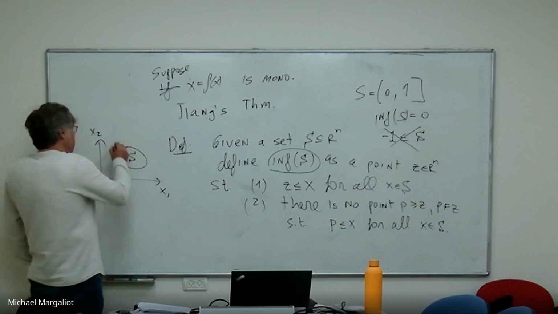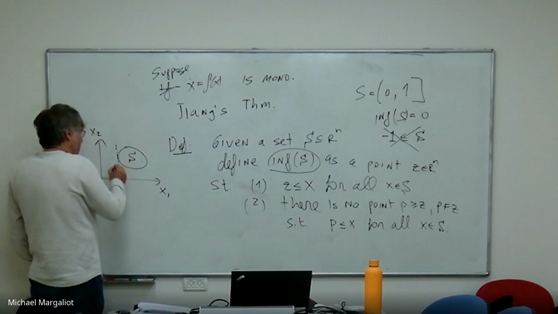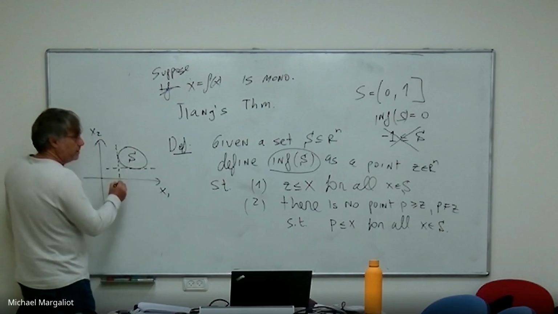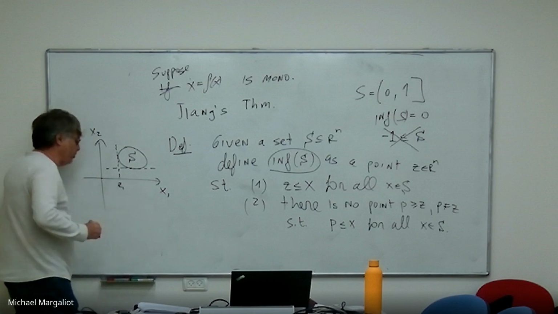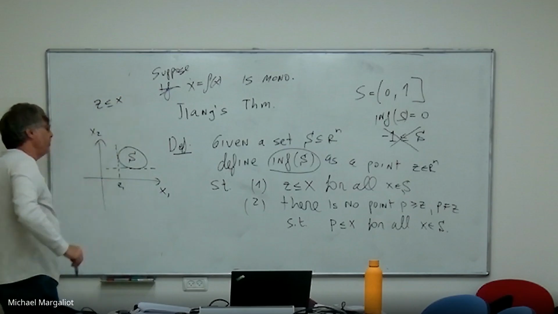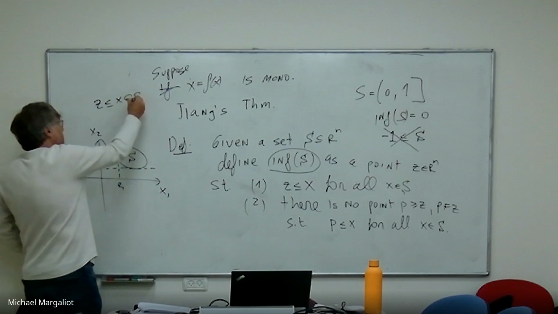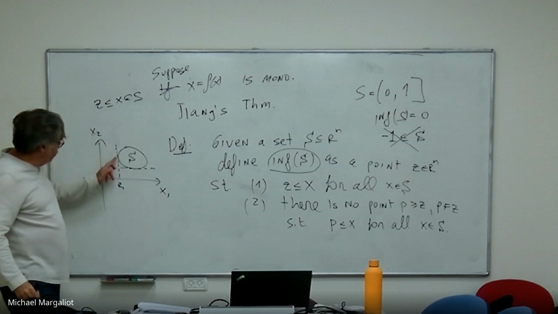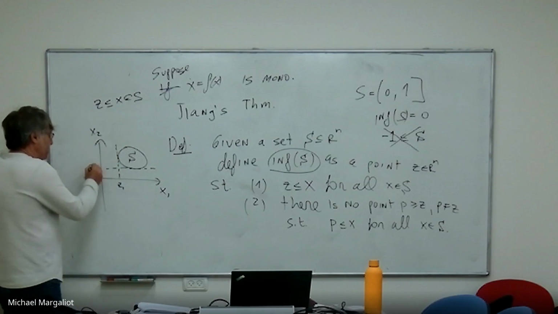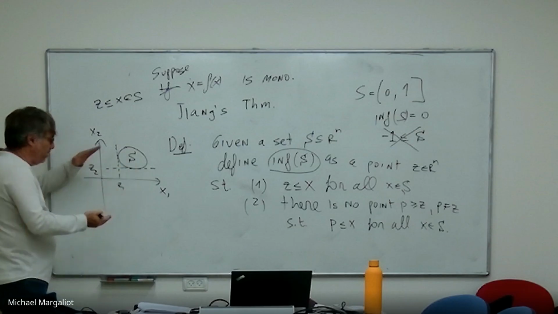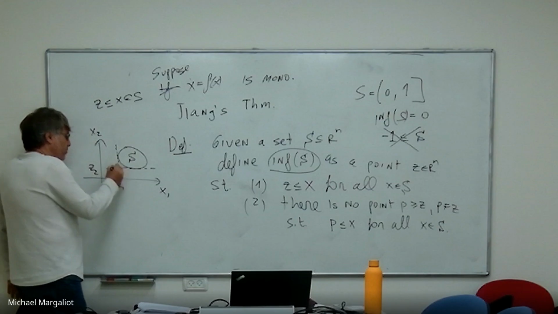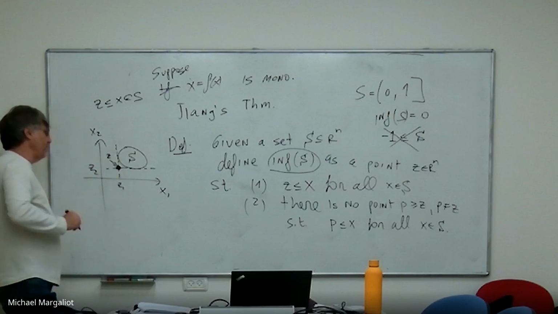What will it be in this set S? Well, I have to take here Z1, in order for Z to be smaller than any point in S. So Z1, in order to be smaller than any point in S, must be here. And similarly, Z2, in order to be below any point in S, must be here.